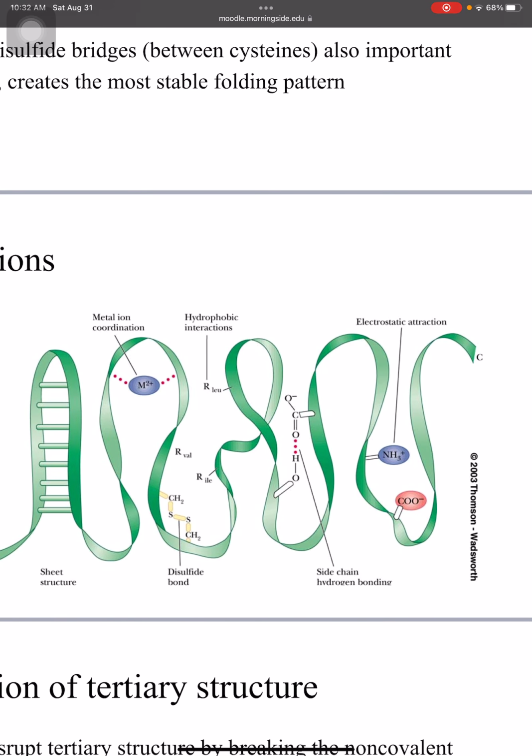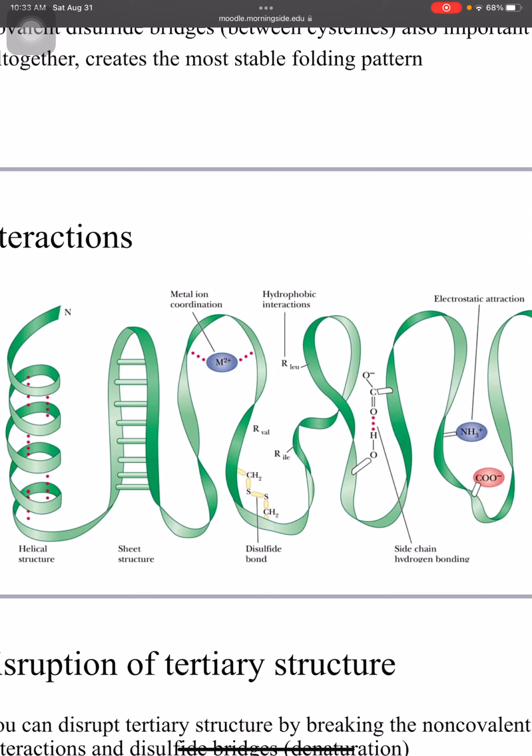Hydrophobic interactions, right? We alluded to this a little bit with sickle cell anemia, right? So if you have side chains with a bunch of hydrophobic interactions, those can cause attractions. You can have metal ions that can be located between different parts of the chain, and that can sort of link them together.